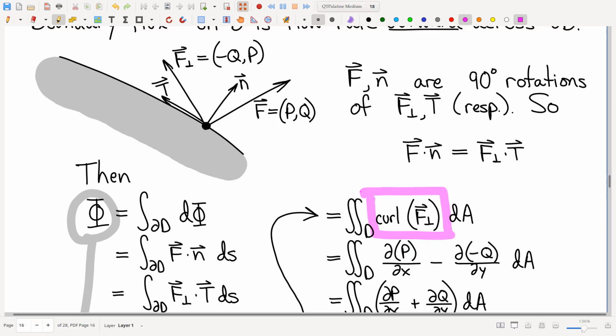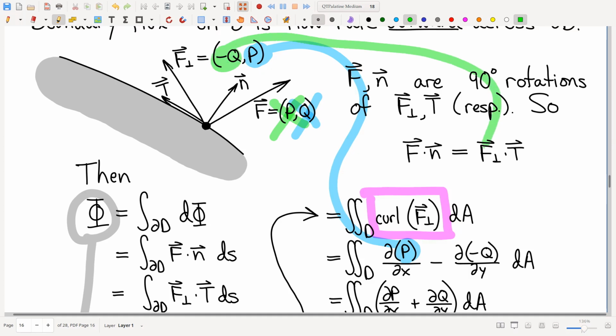What it really is, is the x partial of the second coordinate, which isn't q any longer. The second coordinate is p. And then minus the y partial of the first coordinate, which is not p any longer. That first coordinate is minus q. So there's the curl of my rotated field.